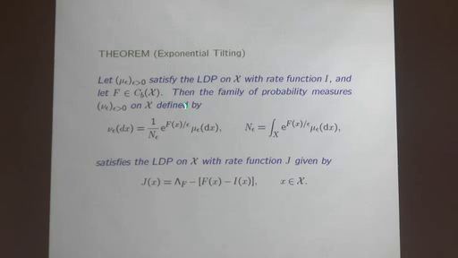Then I get a new family of probability measures, and the statement is that this family also satisfies an LDP with its own rate function J, and J is nothing other than the supremum of this difference as we've seen it in Varadhan's lemma minus the difference itself.